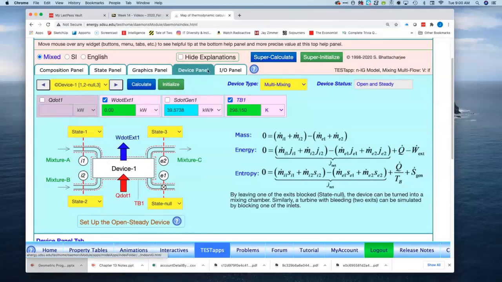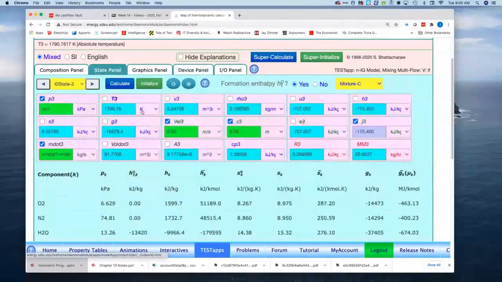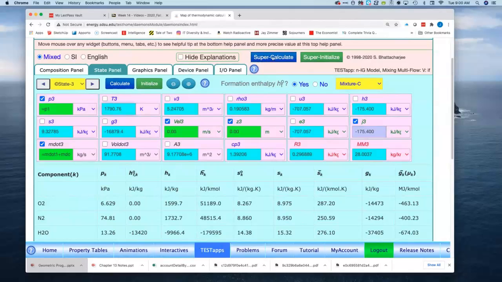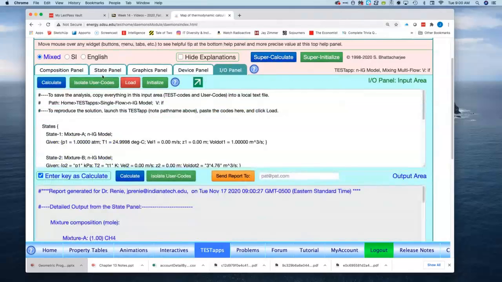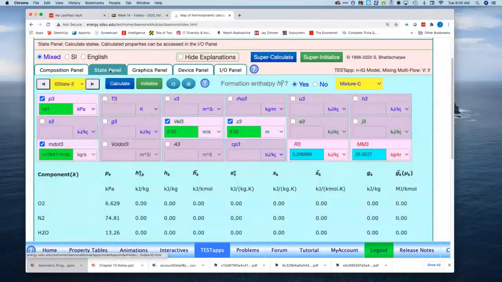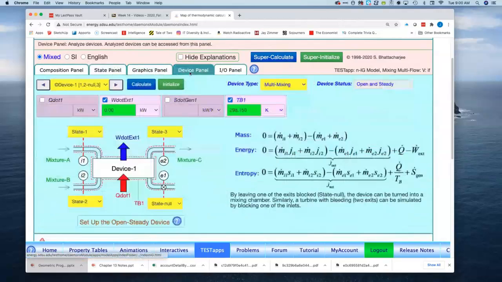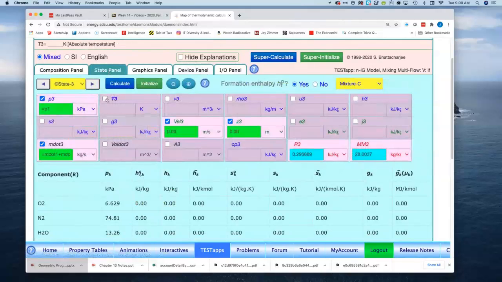And that is going to be calculated based on what I assign for this value here. So what I did was I had set this equal to unknown, and I went to the state panel and I had to super calculate in order for me to be able to put a number in here.